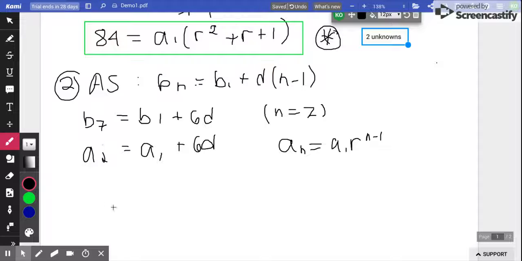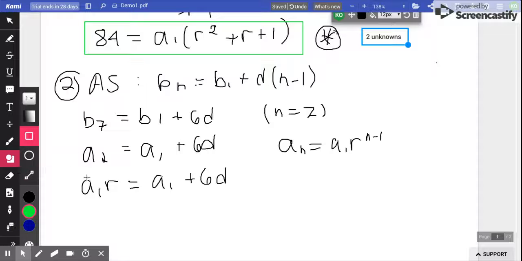So I would swap that here. So this becomes A1 times R equals A1 plus 6D. And there's nothing else I can do with that. So let me box this.